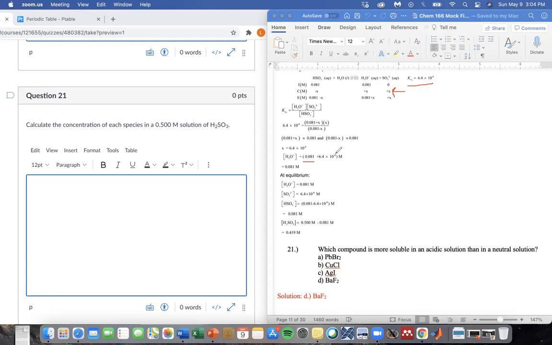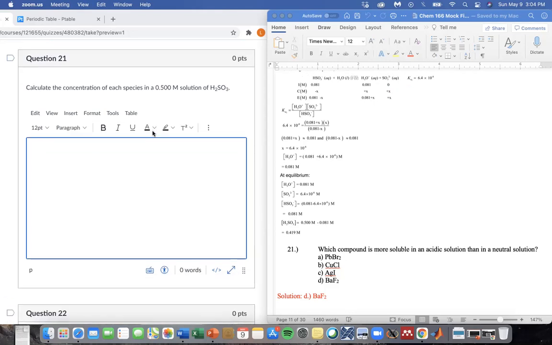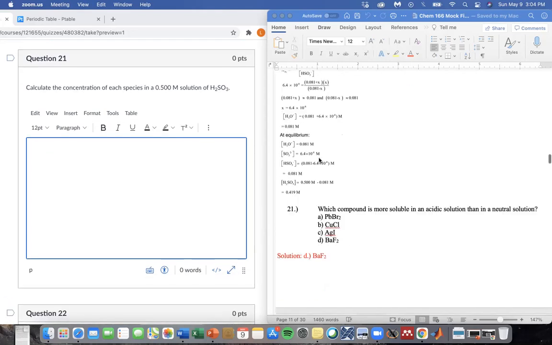It definitely will not, because of how many sig figs you have. So you would only get an H3O+ concentration of 0.081 molar, but because your X is still equal to your Ka2, you know your SO3 2- concentration is going to be 6.4 times 10 to the -8. And I really would not expect them to put a quadratic formula on your exam. I can't promise it, but I really don't think they would.